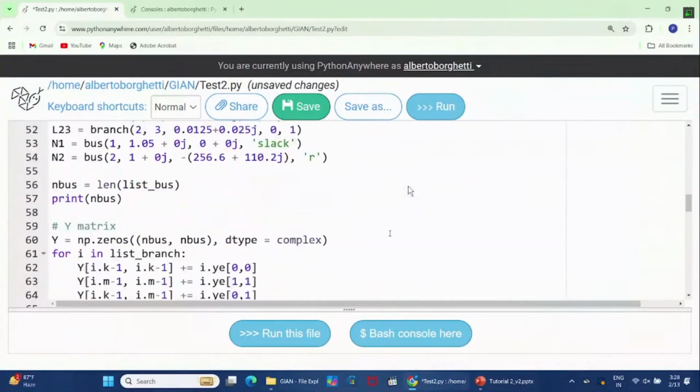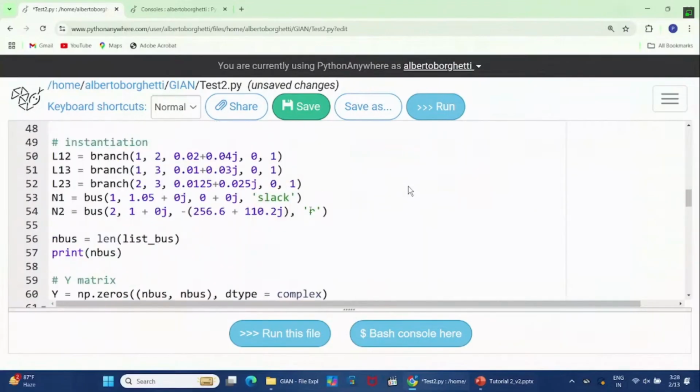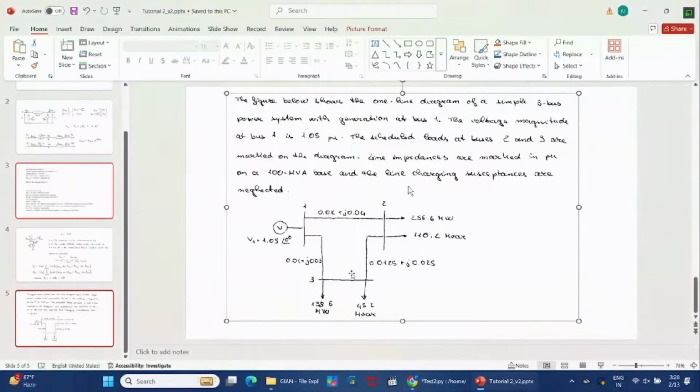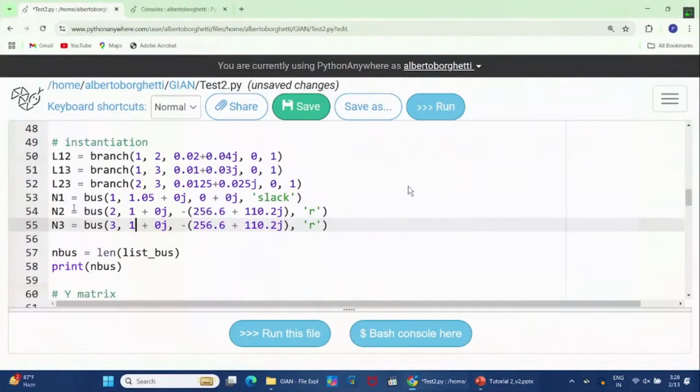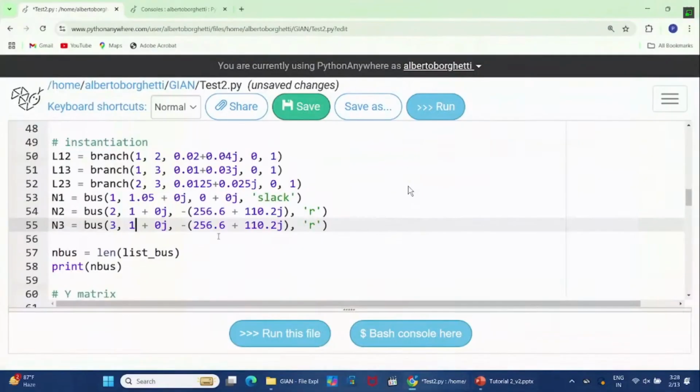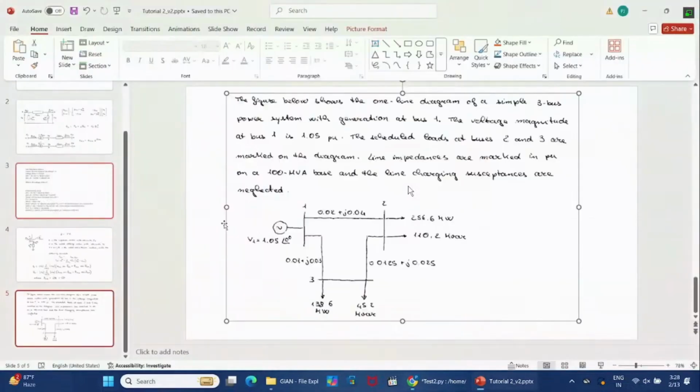Is it fine? So we can do also for the last term, N3. It is the third bus. So bus N3, again, we don't know the voltage, so we can just put the initial guess, 1, 0, the flat solution, and then it is minus 138.6 and 45.2.